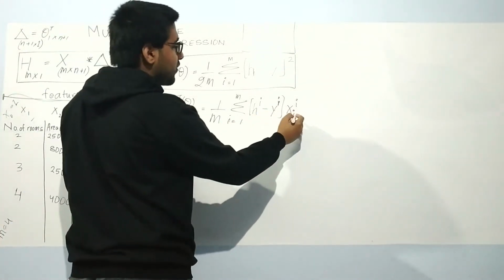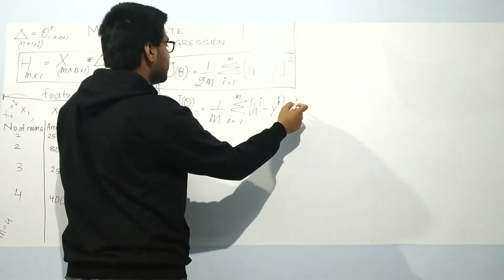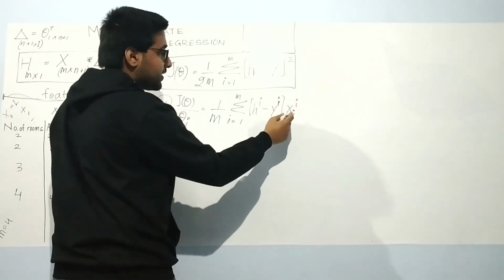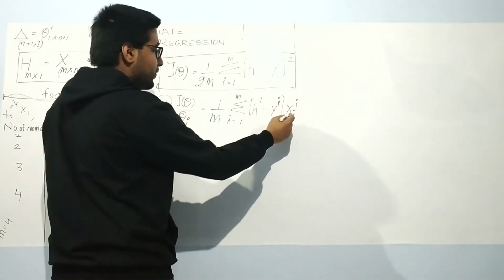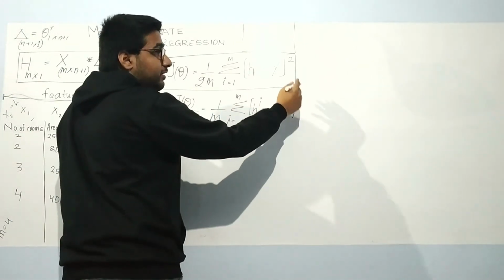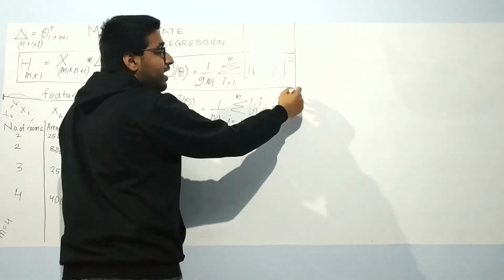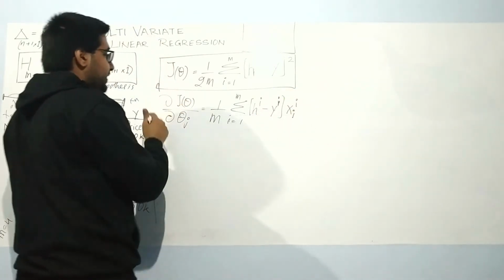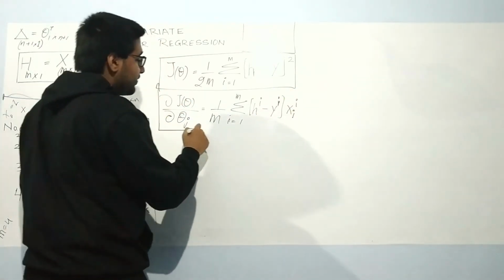So x of j superscript i represents the input with respect to theta j for the i-th example in the training set. So this is our gradient function.